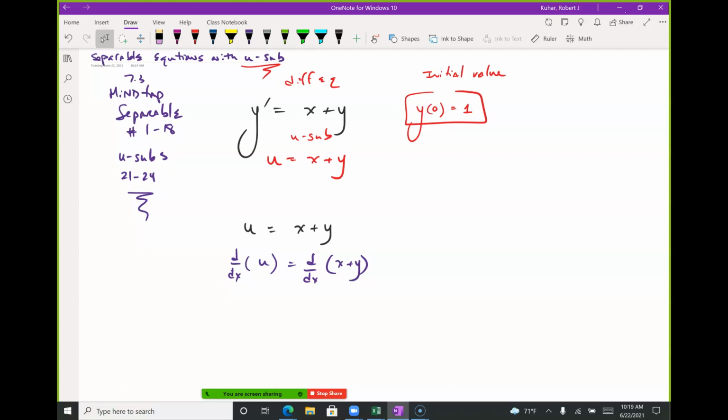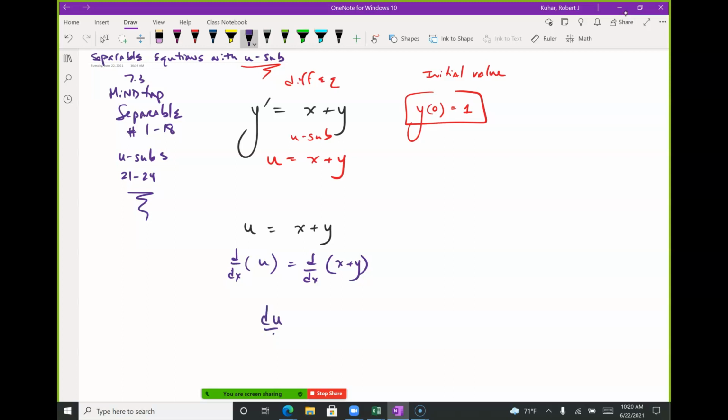What do I get for the left side? I'm differentiating in terms of x, right? So what do I get on the left side if I'm doing du dx? u prime. Sure, u prime.